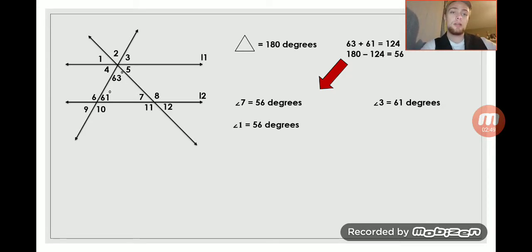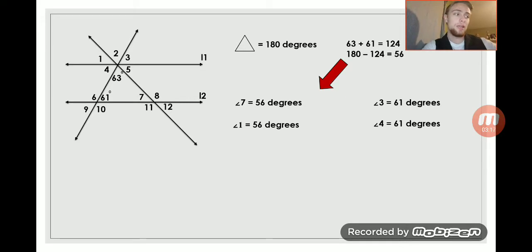Moving forward, angle 1 is 56 degrees, the same way as angle 7. Now why is that? The same reason as angle 3 is 61 degrees alongside the already named 61 degrees, because of the fact that they are corresponding angles. One line is creating both of them going diagonally to the left side. Moving on, we have angle 4, which is 61 degrees.